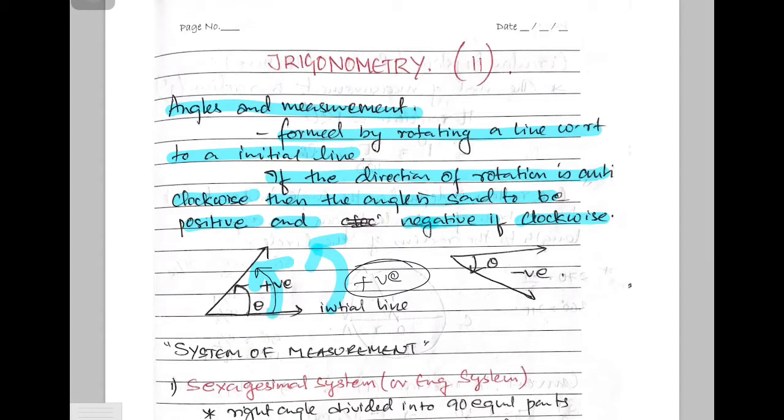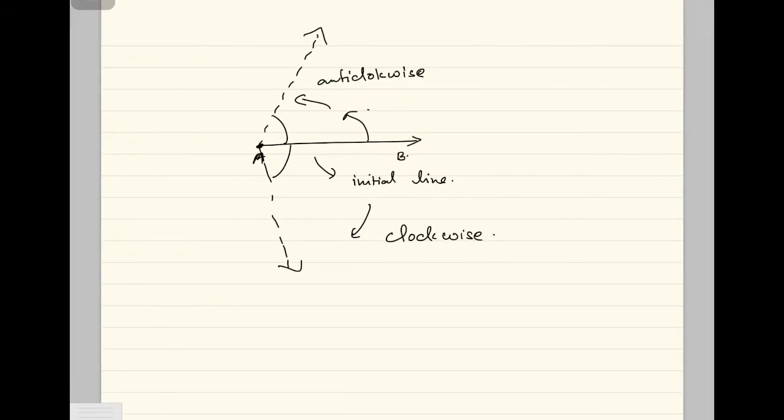And when we rotate it in the clockwise direction, just the opposite direction, then we say that the angle is negative. So the above angle is the positive angle because it is anti-clockwise, and the lower angle that's formed is the negative angle.